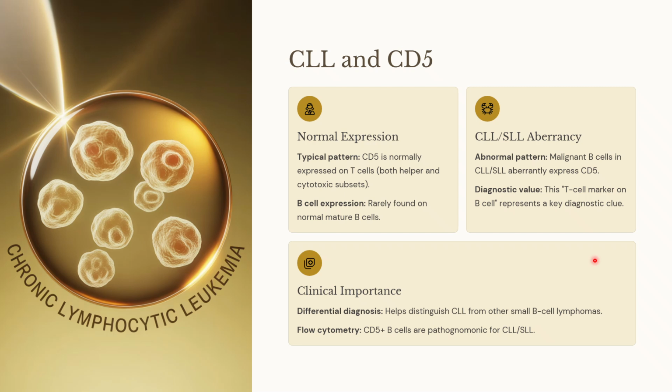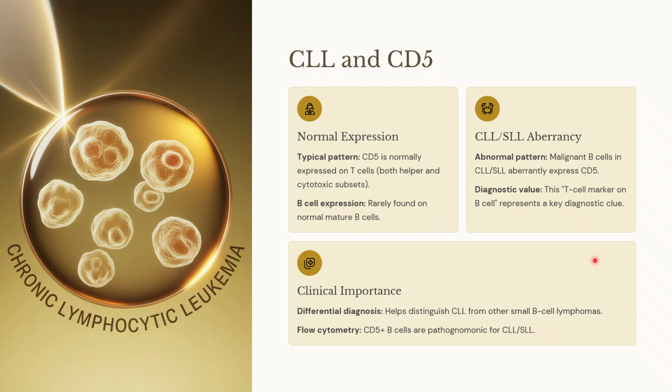In the early days, before we had immunohistochemistry, diagnosis relied only on microscopy. Under the microscope, the tumor cells looked just like small mature lymphocytes, with dense nuclei and scanty cytoplasm. But with just morphology, you couldn't tell whether those lymphocytes were B cells, T cells or NK cells. So they simply named it lymphocytic leukemia.